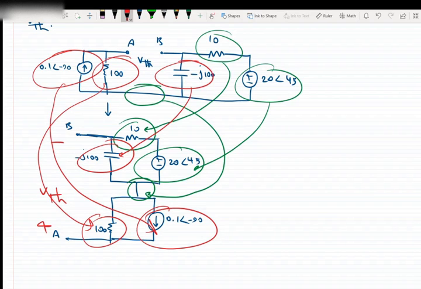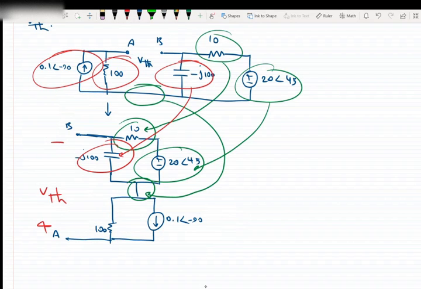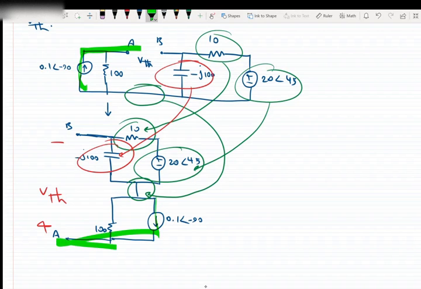Because I moved point A to the bottom, you see that the direction of the current source reversed, because it's toward point A. If you look at the original circuit, the current source is sending the current to point A, and here it's the same thing.